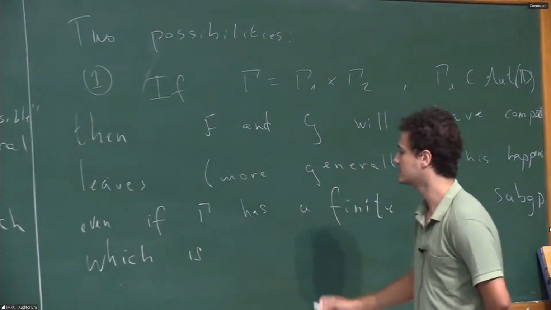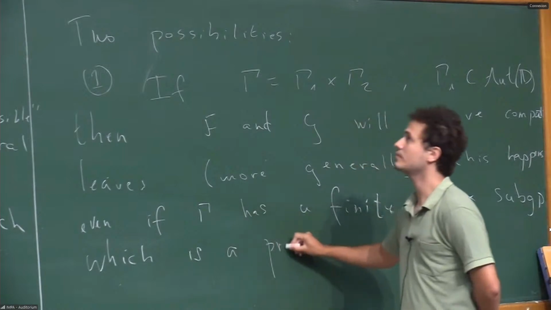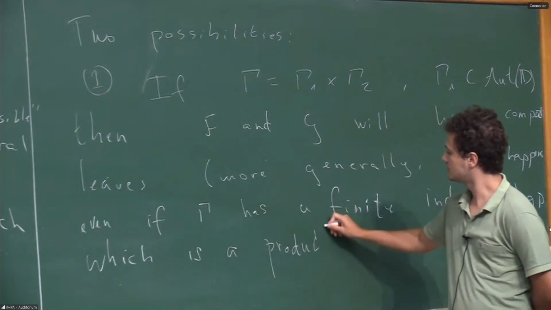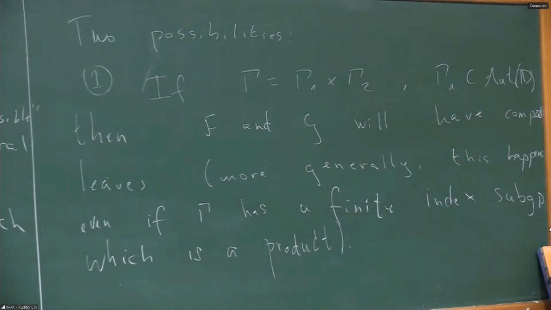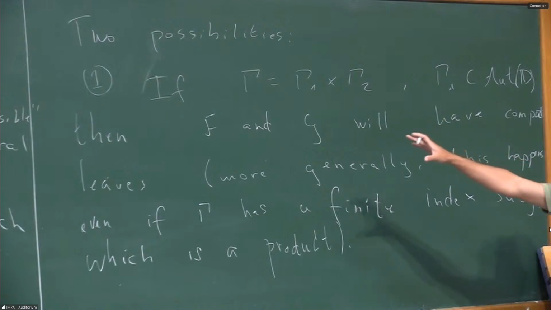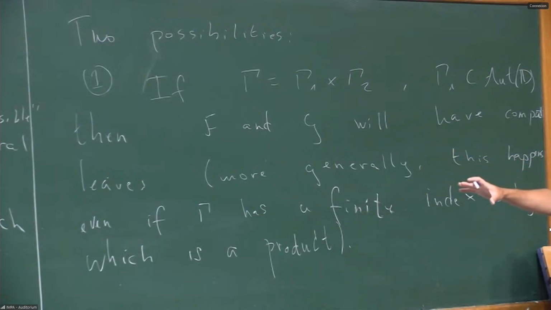On the other hand, if gamma does not satisfy this condition, it will turn out that the leaves of F and G are dense leaves on S.